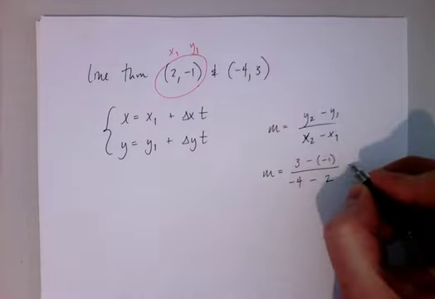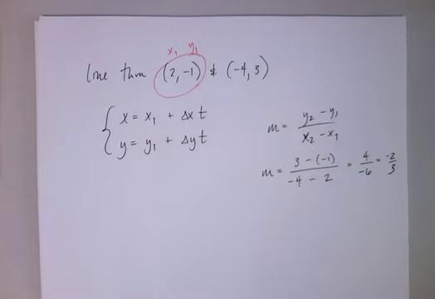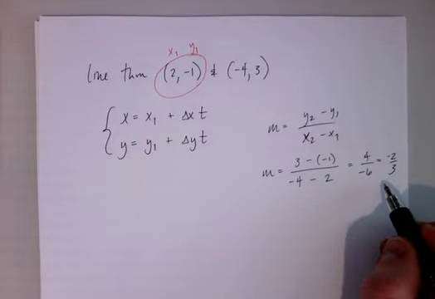So that winds up being 4 over -6, or -2/3, okay? Now, could I use 4 and -6? Yes. Could I use -4 and 6? Yes. Can I use -2 and 3? Yes. Can I use 2 and -3? Yes. It doesn't matter as long as the ratio holds, okay?